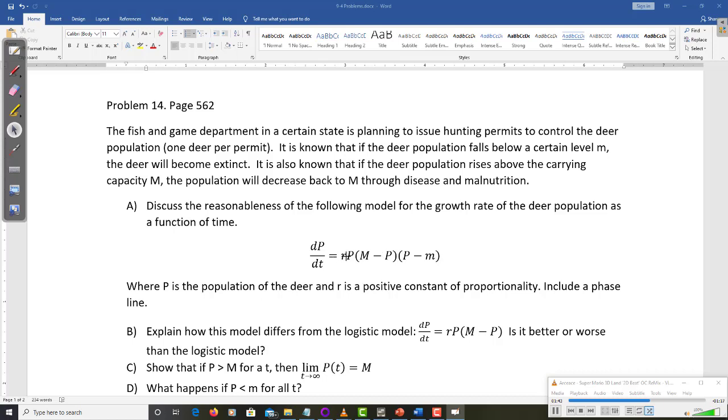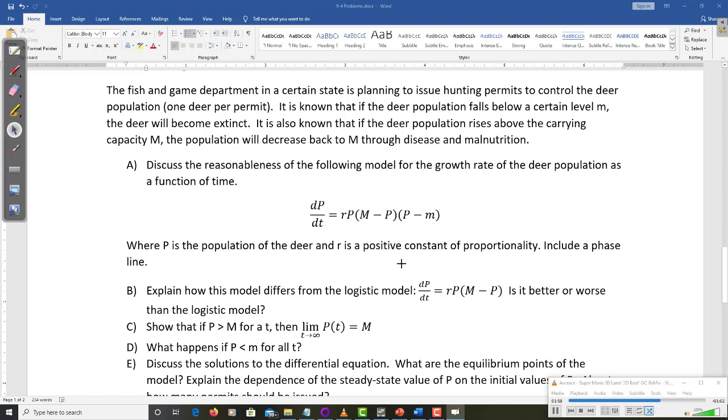So sure, this constant then is probably a conglomeration of the two constants you would get for multiplying by this and multiplying by this, but it should still be accurate. Since everything's a constant except for P, this is an autonomous differential equation.